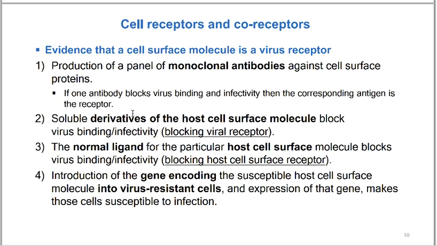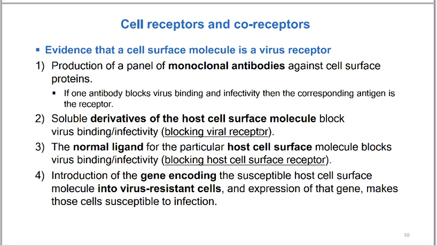And secondly, soluble derivatives of the host cell surface molecule block virus binding and infectivity. This is the blocking of the virus receptor. So what we did, we blocked the viral receptor by what? By cell surface molecules.